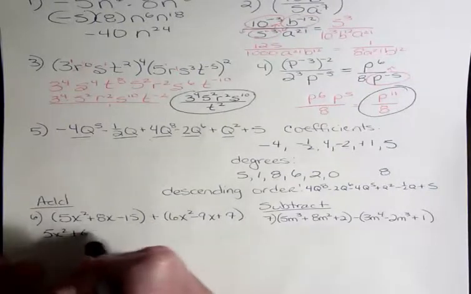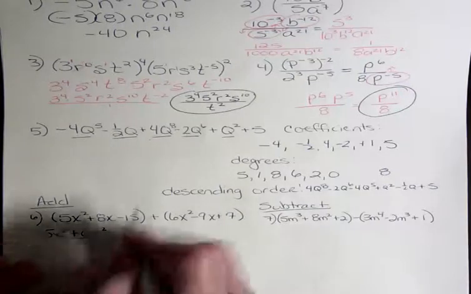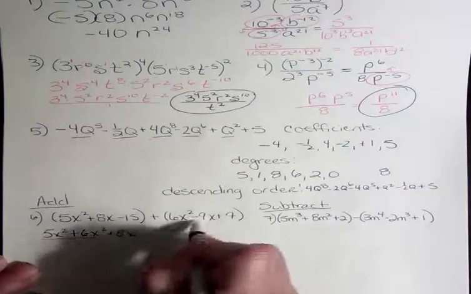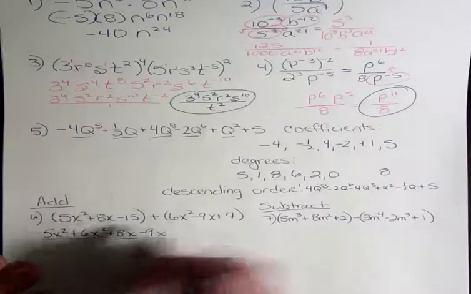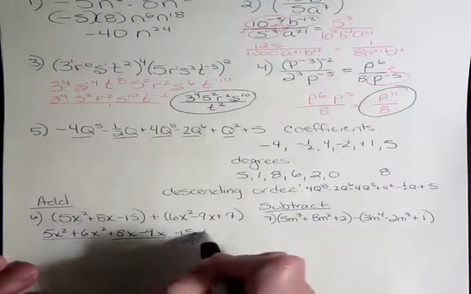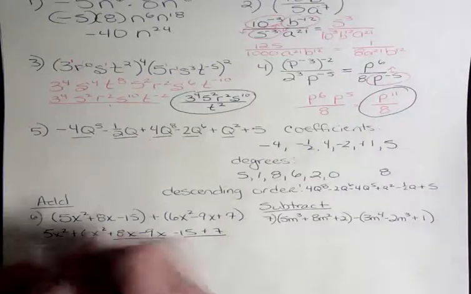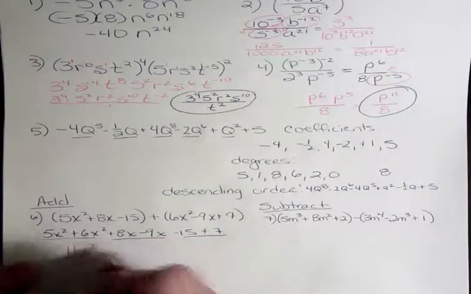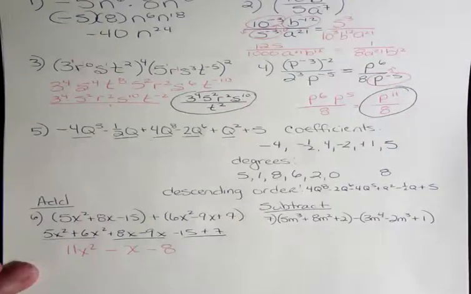Those are like terms. I'm going to add those together. I have plus 8x and minus 9x. Those are like terms. I can add those together. And I have -15 and +7. And those are like terms that I can add together. So I have 11x squared minus x minus 8. So that's the final answer for that.